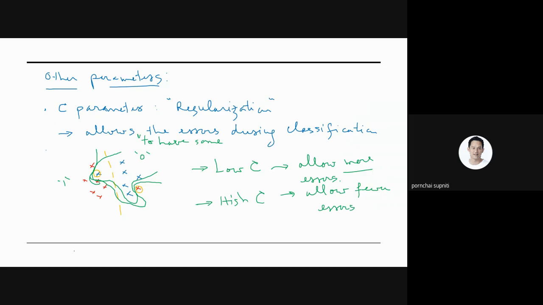The other one is called the gamma parameter. Okay. This is a different gamma from the EM. It's just the same variable name, but it's very different.